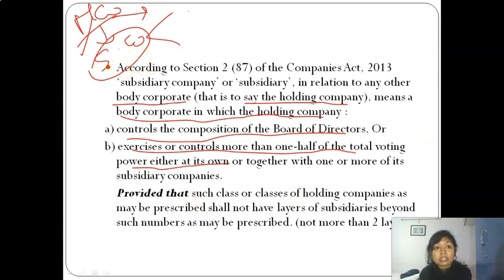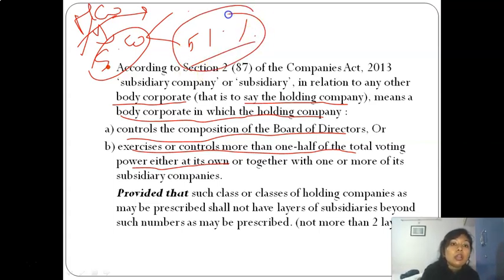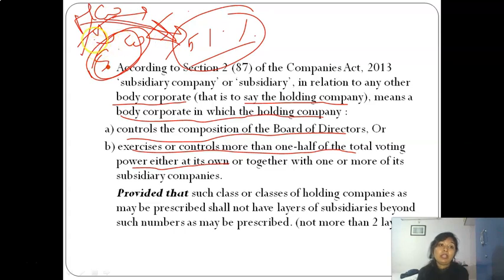Share capital also I can say, but share capital with voting rights. So if such kind of shares or securities are subscribed by the holding company, which is more than half, that is at least 51%, then this other company will be called a subsidiary company. And it is not necessary that 51% needs to be held all together by the holding company. It can be acquired by 2 or more companies, like a group company or a holding company which has a subsidiary company.